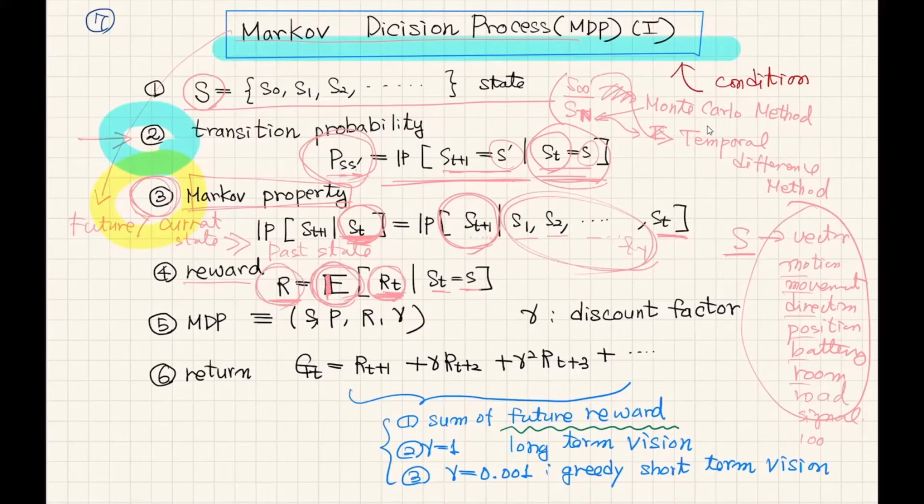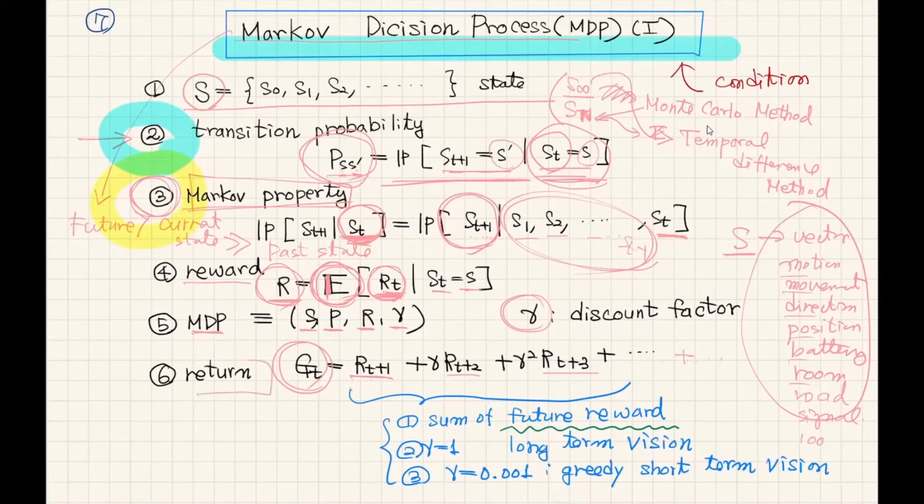So when we are defining a Markov decision process, we have to define the state, the probability from S to S dash, the reward, and the discount factor. Our total return is the next step reward plus the reward of the following step, and so on up to the end of the episode.